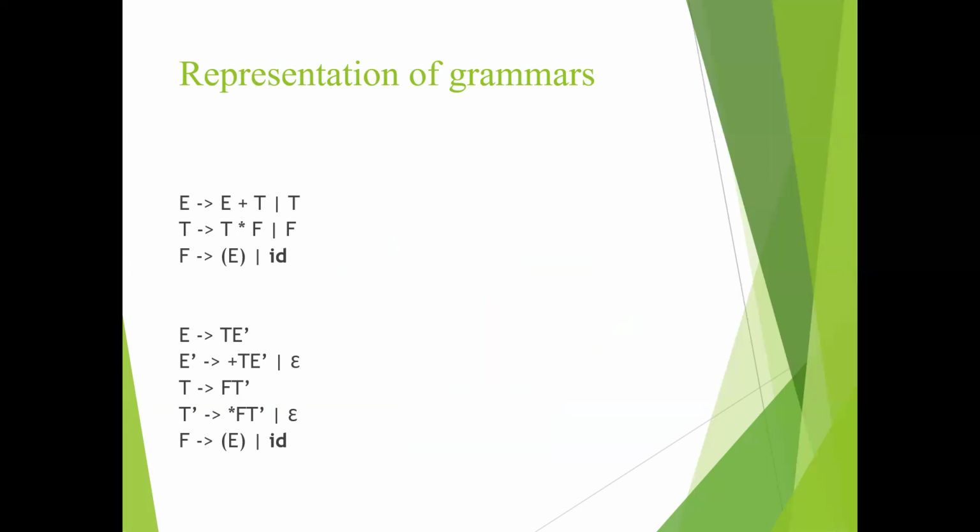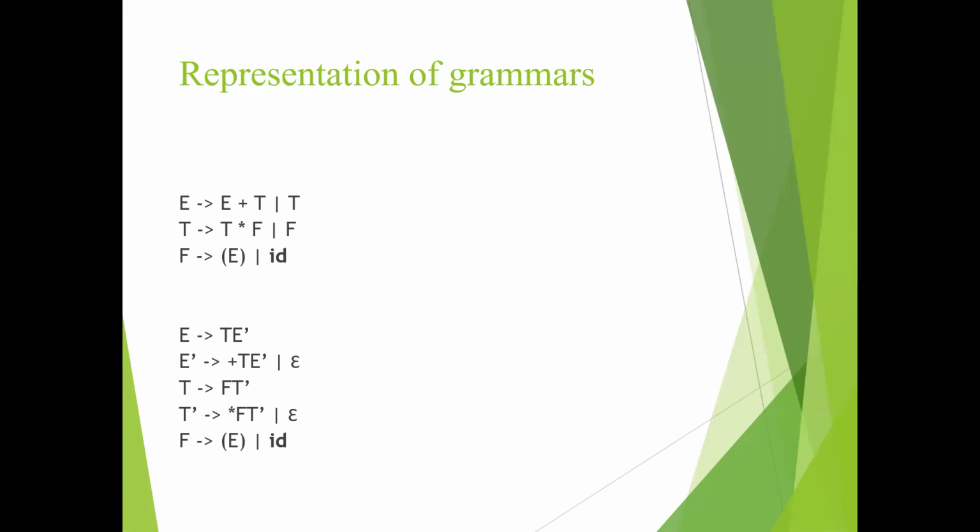E represents the expression, which consists of terms separated by the plus sign. T represents the term, which consists of factors separated by the multiplication sign. And F represents the factor, which can be either a parenthesized expression or an identifier.